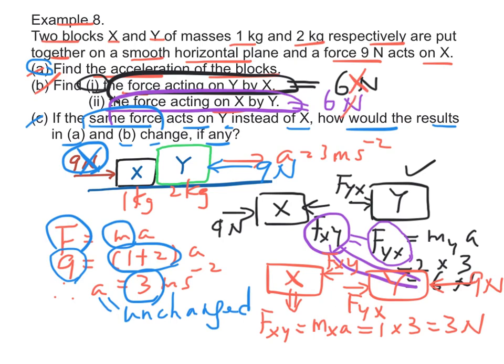Therefore, the force acting on Y by X, which is equal to the force acting on X by Y, they are the same. Therefore, force acting on Y by X will also be equal to 3 newtons, which is not 6 newtons again.